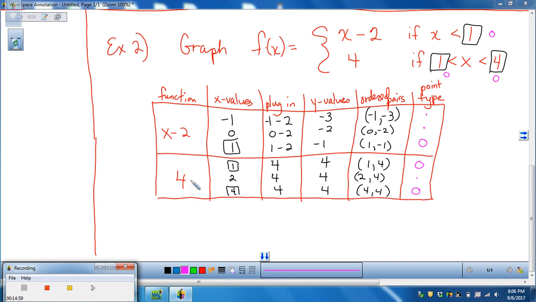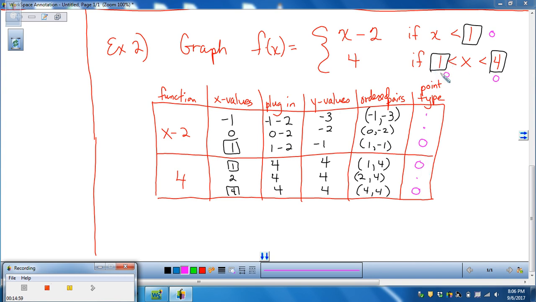Now for the function 4, there's no x to plug into. So no matter what my x value is, I'm always going to get 4. So notice that there's nowhere to plug it in, so I just get 4. So my y values are just 4, 4, 4. My ordered pairs, (1, 4), (2, 4), (4, 4). (1, 4) was a special point.